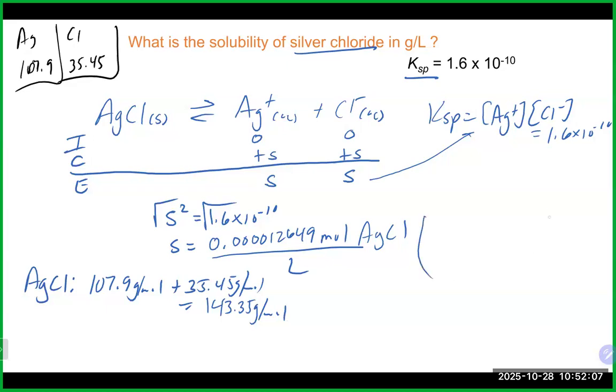We use that to convert, multiplying by the 143.35 grams per mole, which gets rid of our moles and leaves us grams per liter.